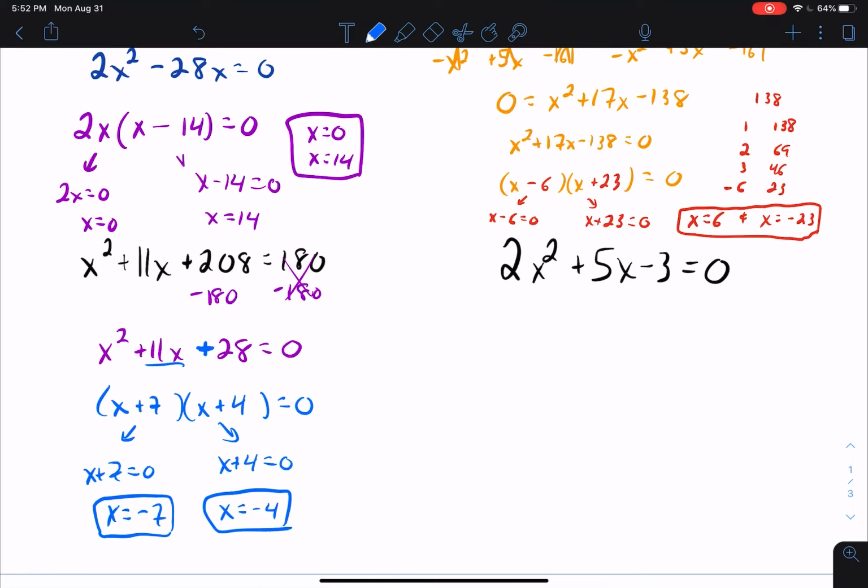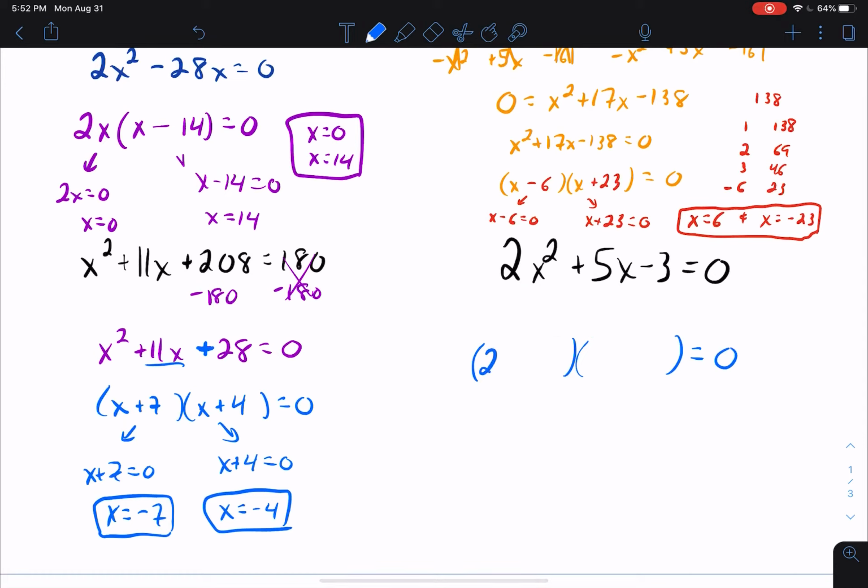And now for our last one, I got a challenge for you. It is already set equal to 0, but our a value is not 1. So this is a little trickier. What two numbers, my first two terms, remember these two terms here, need to multiply to give me 2x squared? What's going to multiply together to give me 2x squared?